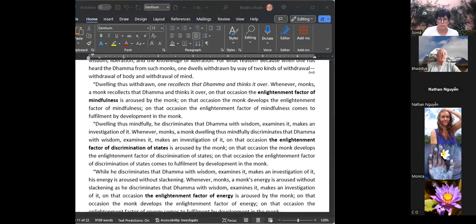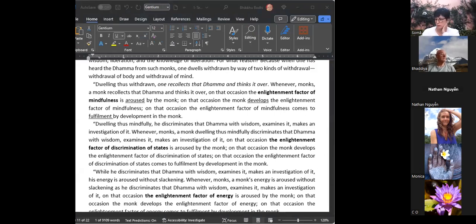So the passage is actually showing three stages in the development of each enlightenment factor. In the first stage, one starts off by arousing that particular enlightenment factor. This means that one has to make an effort to give rise to it.